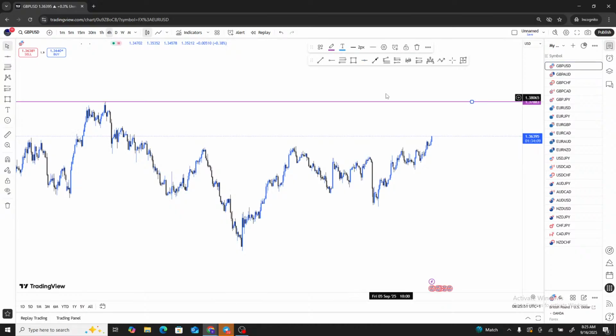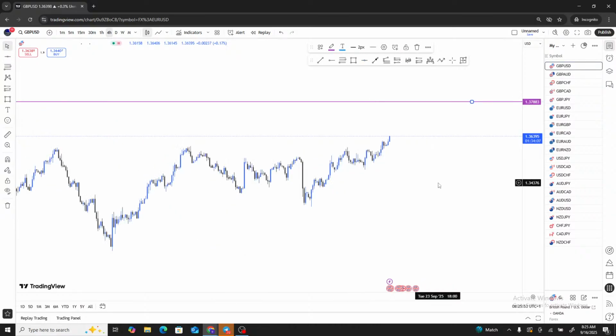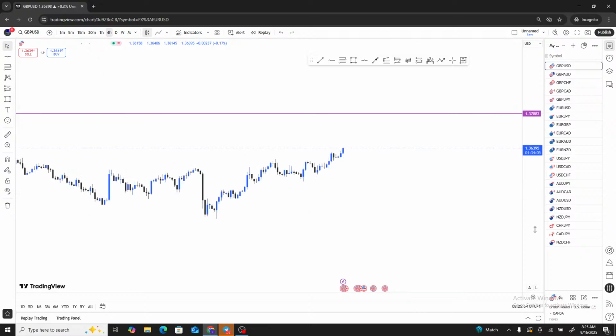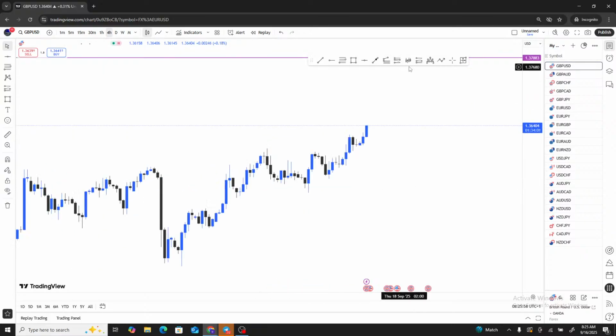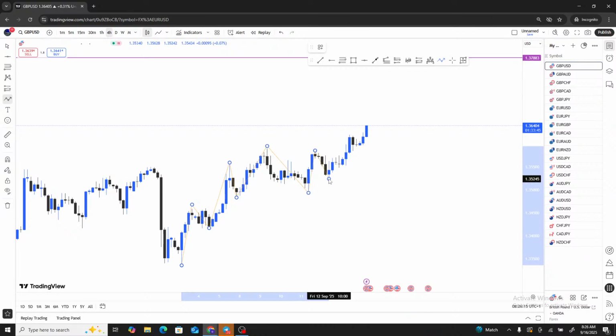So this is an uptrend. The market has been doing a series of higher highs and higher lows, as you can see, higher highs and higher lows. It is a higher high because each of the highs is higher.